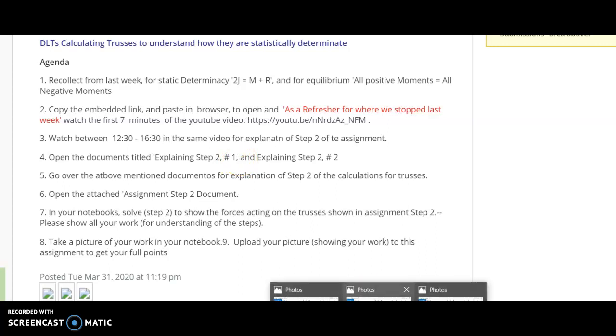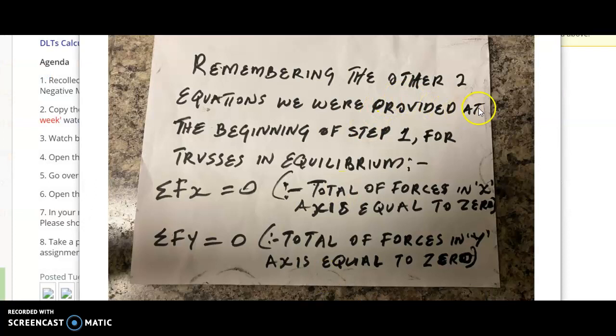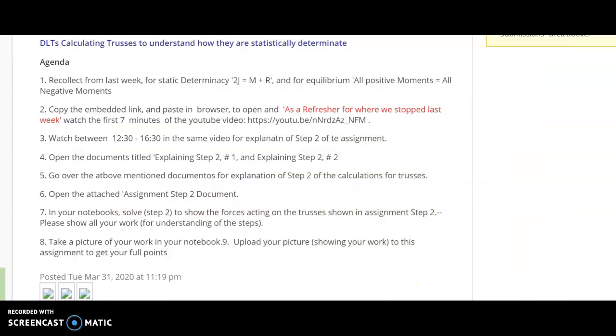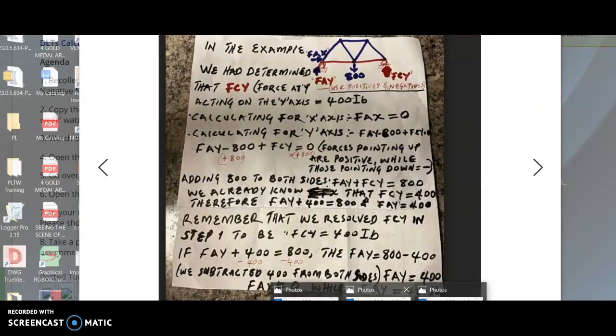It's basically saying, remember from last week, at the beginning of step 1, for forces in equilibrium, the other equations which we've not used so far: summation of forces on the x-axis will be equal to 0, and then summation of forces on the y-axis will be equal to 0.